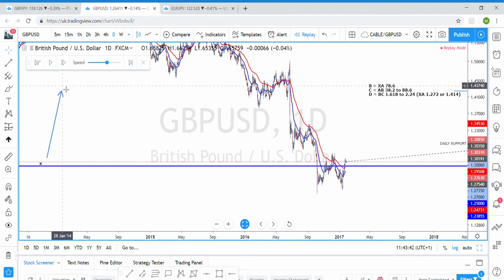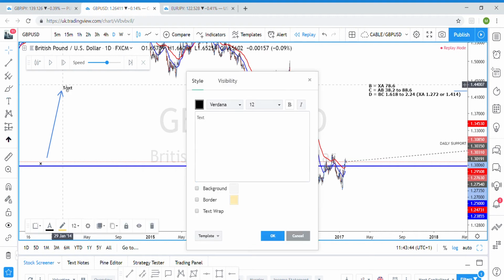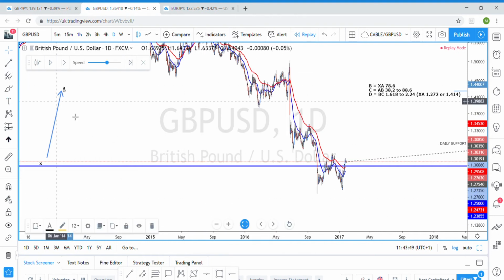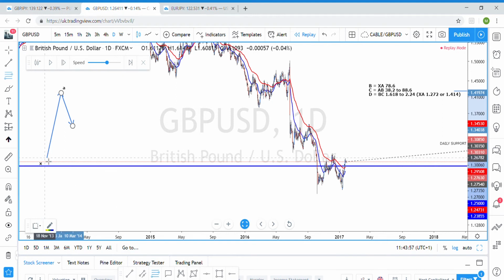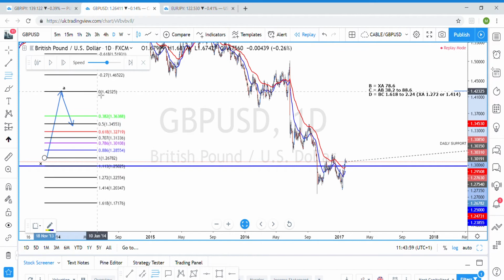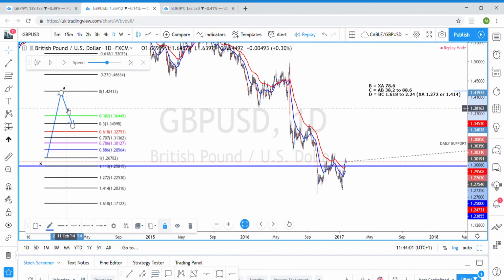You have your A point here, and then when you get the pullback, what you're looking for is a 78.6 fib rejection. So you fib from X to A, okay, and this pullback must hit the 78.6 fib.